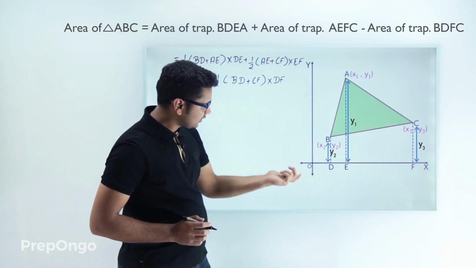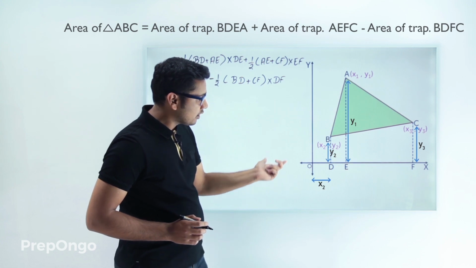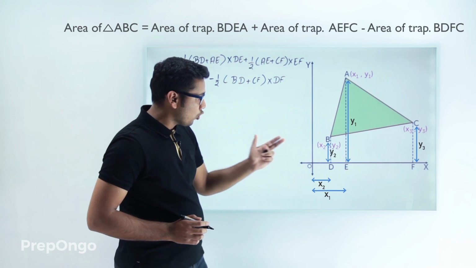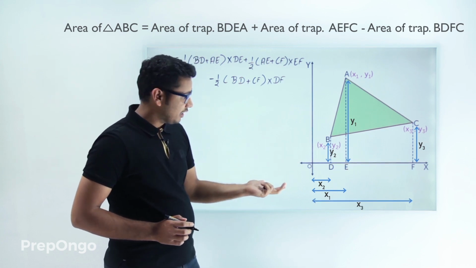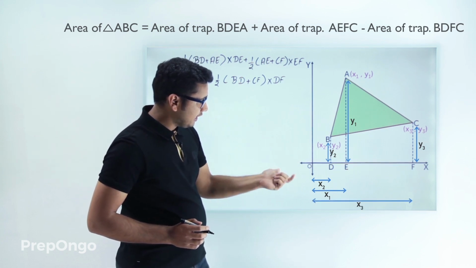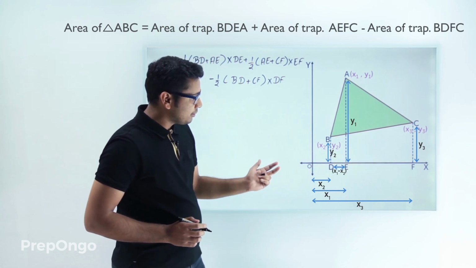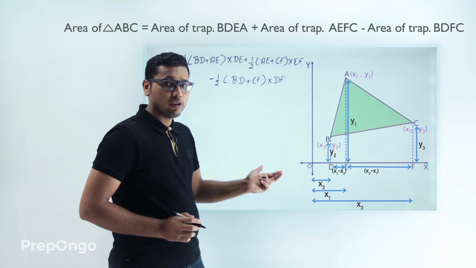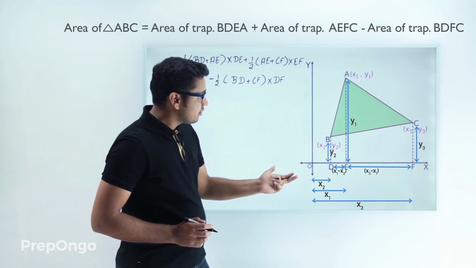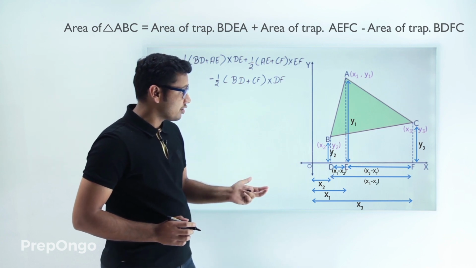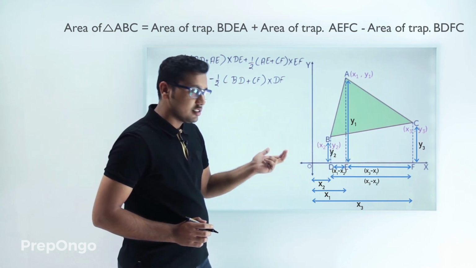Similarly, we know OD is equal to x2, OE is equal to x1 and OF is equal to x3. So we can find this length DE will be x1 minus x2. Similarly, EF will be equal to x3 minus x1 and DF will be equal to x3 minus x2.